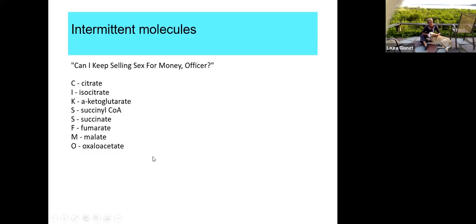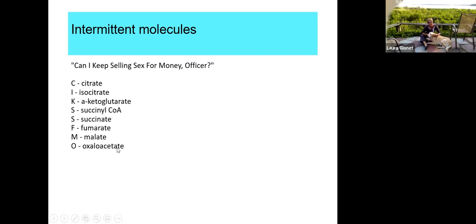So here is a mnemonic to keep in mind, in succession, the different intermediate products of the Krebs cycle. As acetyl CoA enters the Krebs cycle, it is going to bind with the last molecule here, oxaloacetate. I can't say acetyl, oxaloacetate is easier to say.